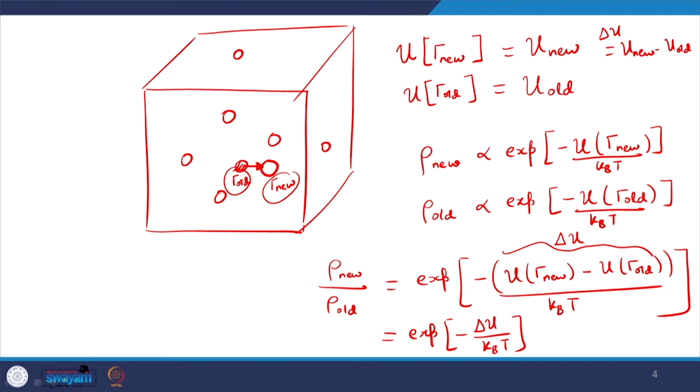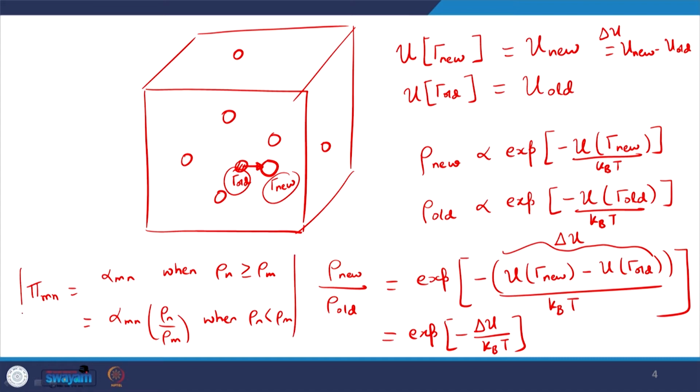Now, let us go back to the Metropolis algorithm. I have said my transition probability is alpha mn when rho n is greater than or equal to rho m, and it is equal to alpha mn multiplied with rho n by rho m when rho n is less than rho m.